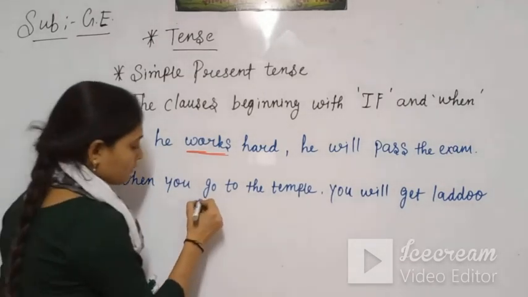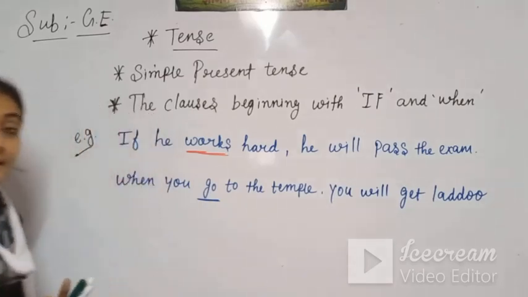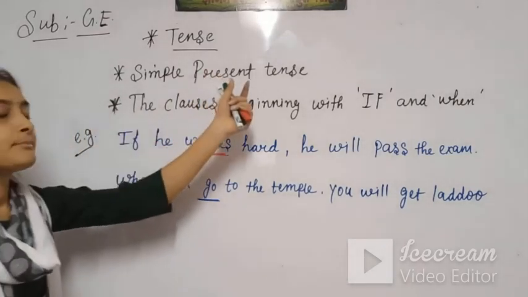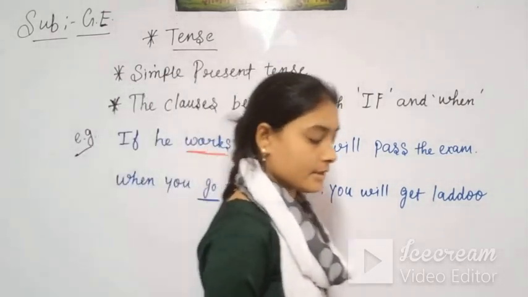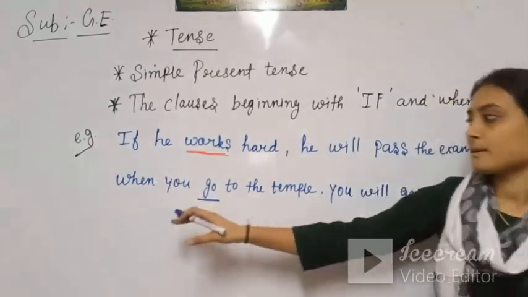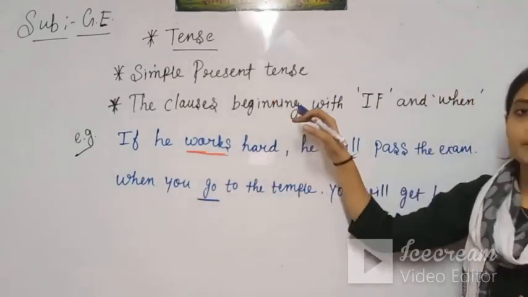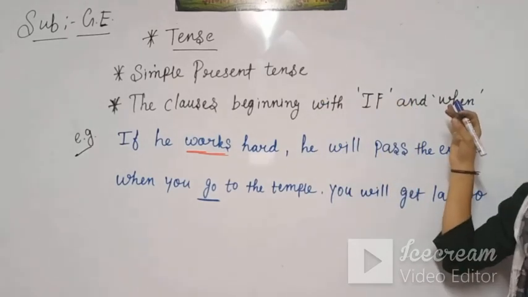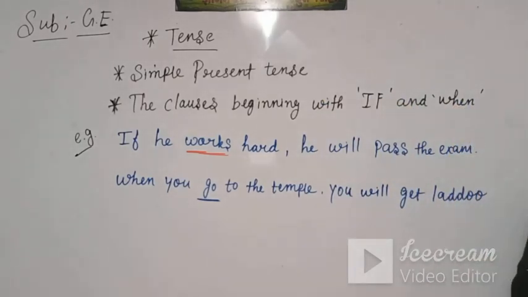Here, go represents the simple present tense. Clear? This is the example of the clause beginning with if and when, where we use the present tense. Clear this?